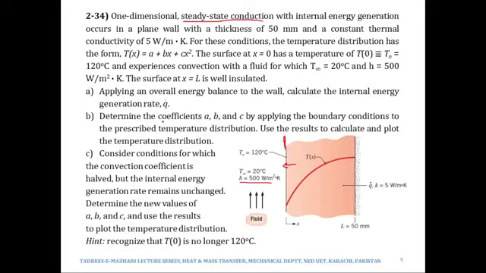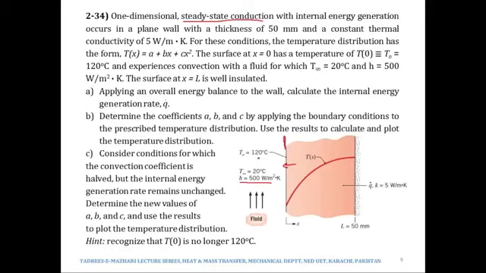Because you will now realize that when the convection coefficient is halved, what will happen to the temperature of the wall? Can you figure out what will happen to the temperature of this wall which is at 120 degrees Celsius? It was being maintained at 120 degrees Celsius by the fluid which was taking away the energy. But now the fluid is taking away less energy.